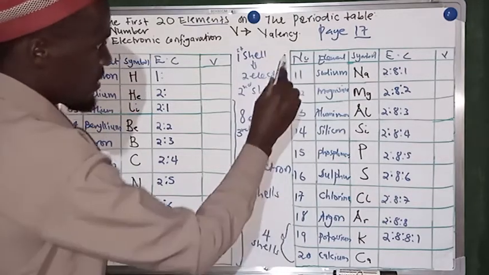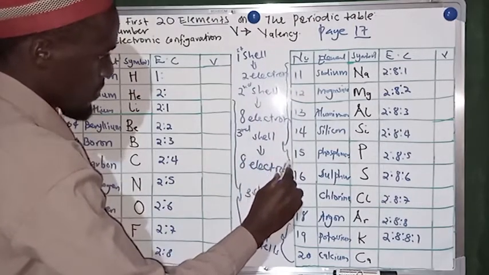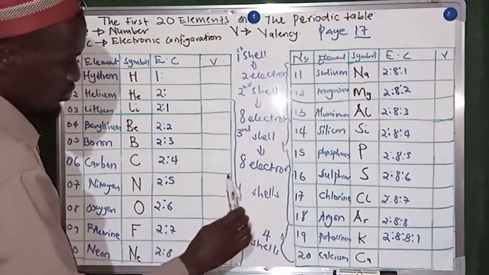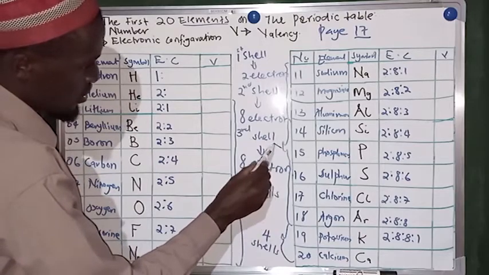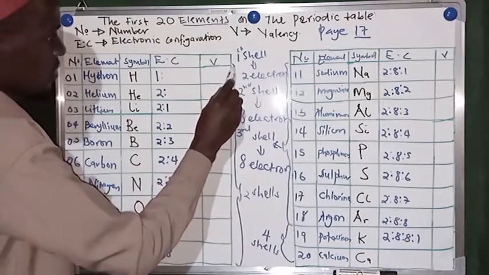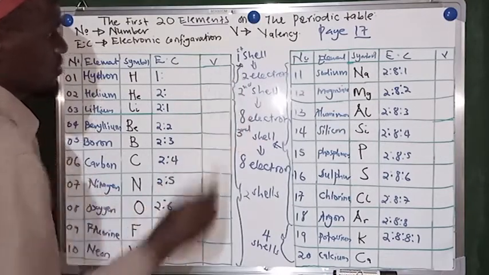Now from here, sodium, up to there, these ones have 2 shells. These ones have 3 shells. These ones have 3 shells. So these ones have only 1 shell.